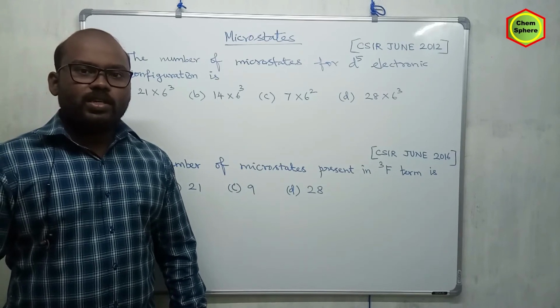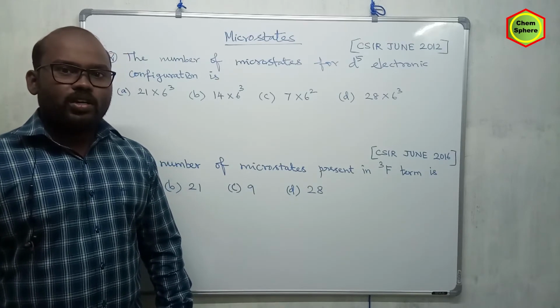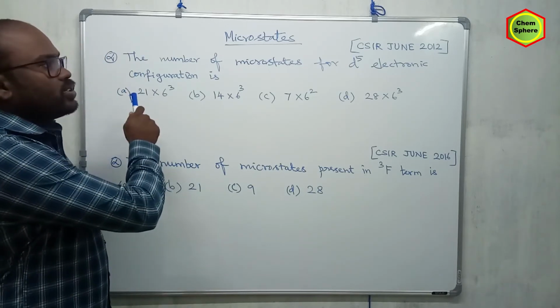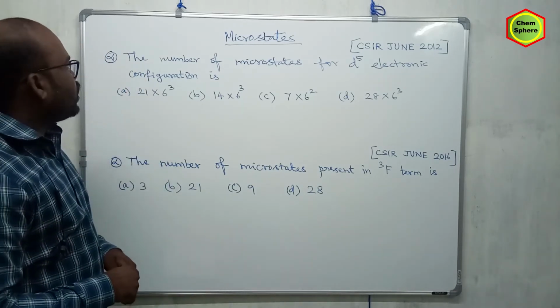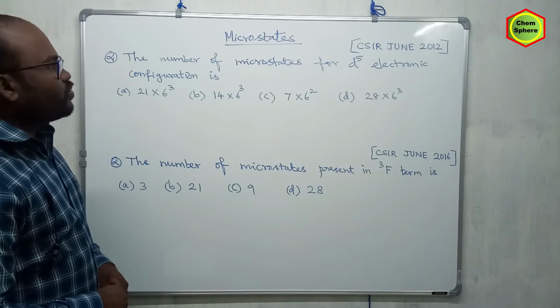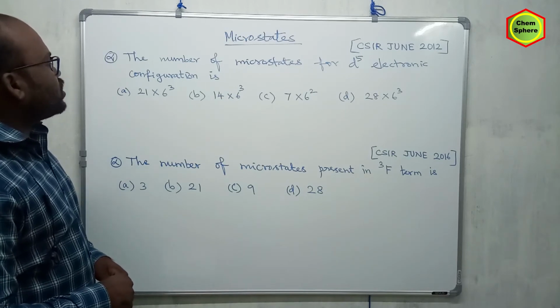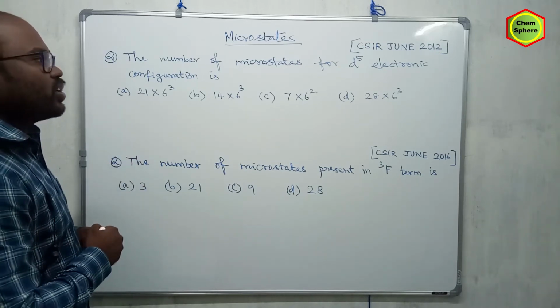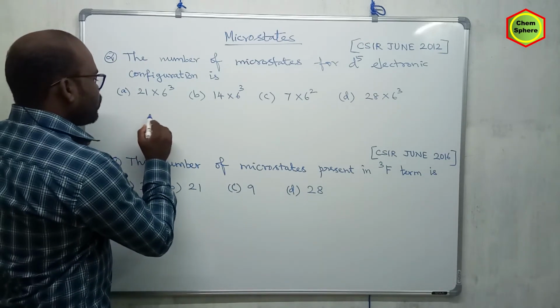Now we will see previous year questions asked in the CSIR exam. This question is asked in CSIR June 2012. The number of microstates for d5 electronic configuration is. So this is type 1, a simple electronic configuration is given. What is the formula?